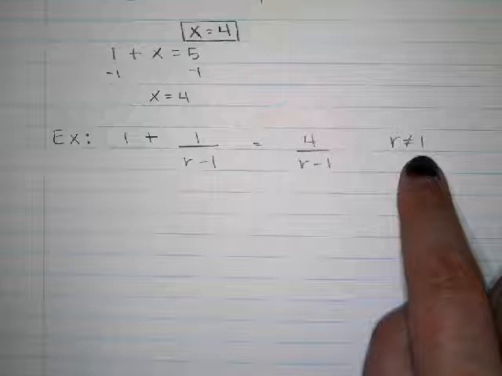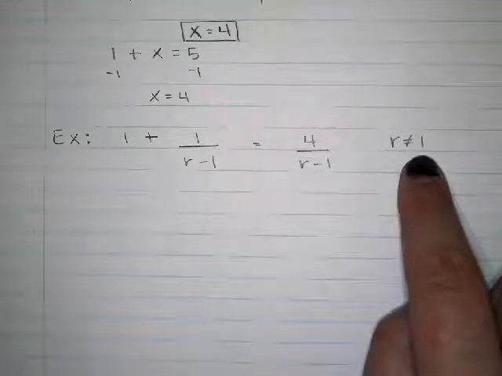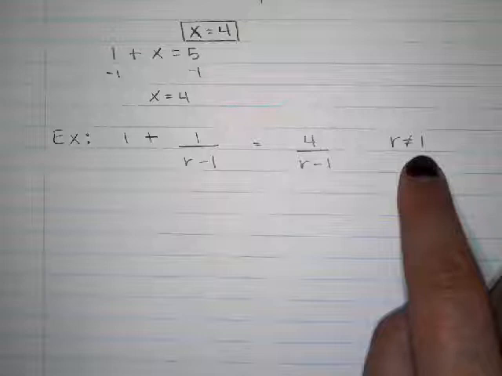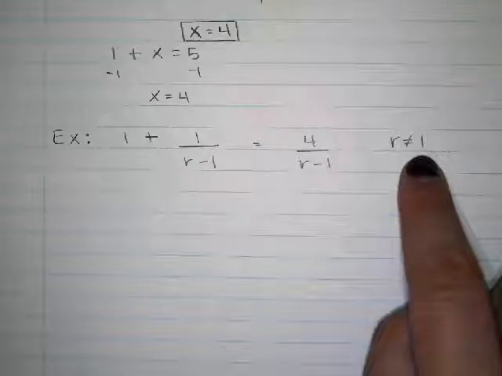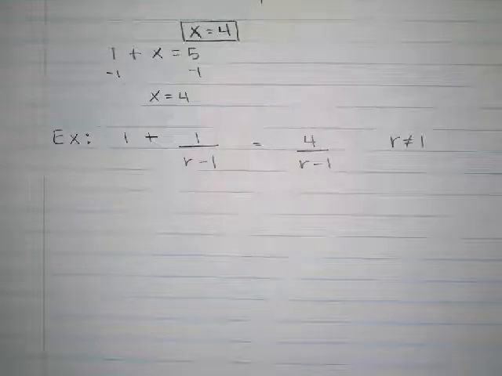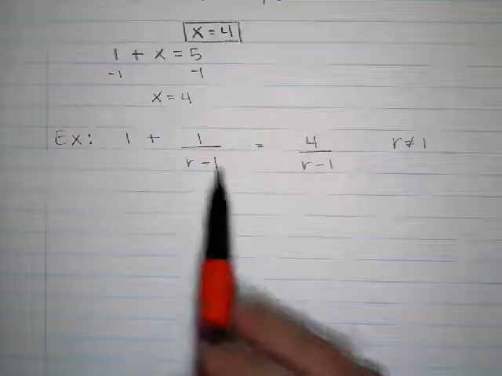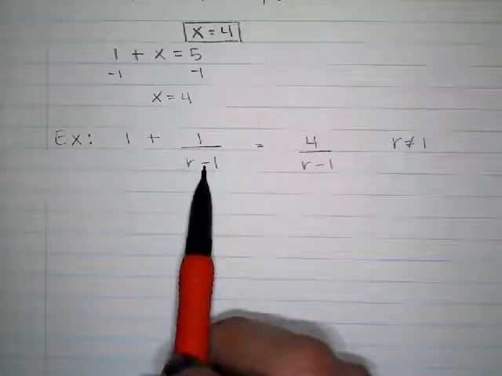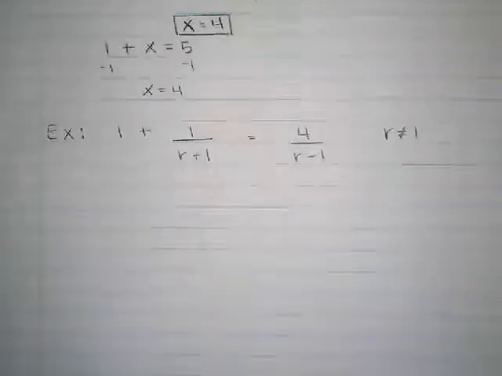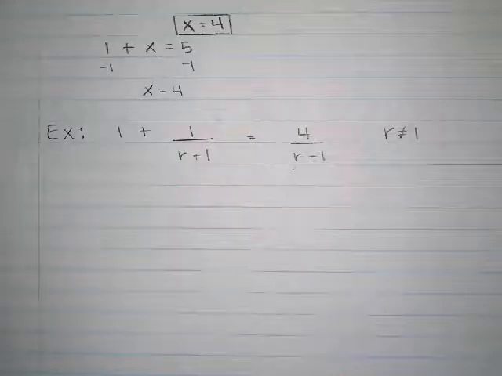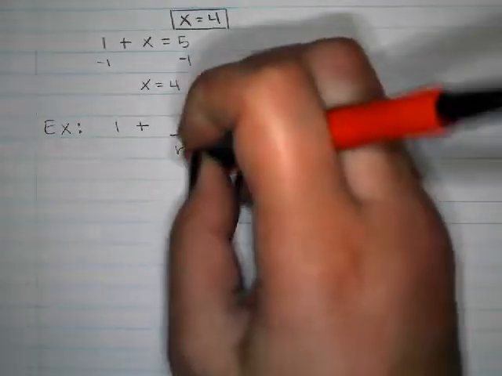Now, if 1 is our answer, then we say no solution. Any other number would be fine, just not 1. Because 1 minus 1 is 0, and you can't have 1 over 0. You can't have 4 over 0. Those are the things that give your calculator an error message. So we want to make sure that doesn't happen.